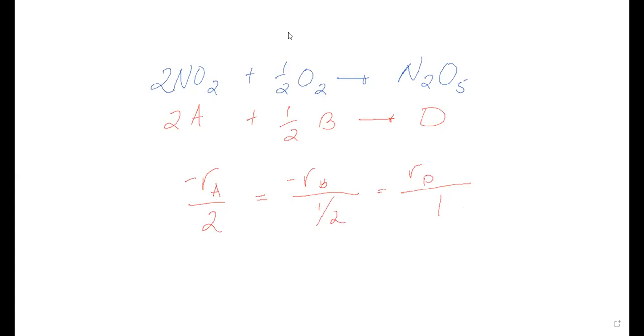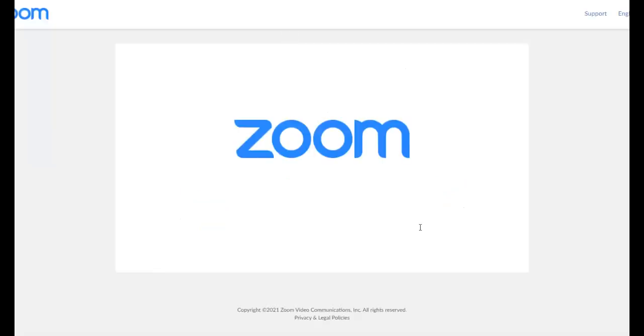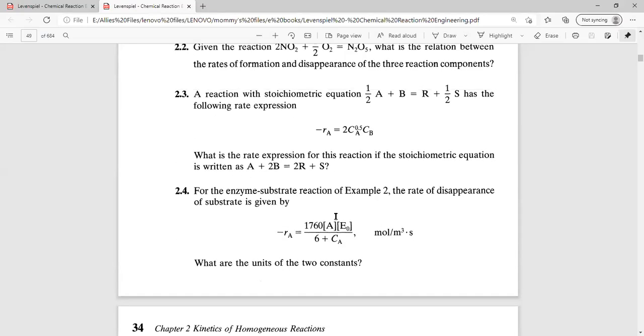So we go back to Levenspiel and check what we have there. Problem 2.3 says that a reaction with stoichiometric equation 1 half A plus B forming R plus 1 half S has this particular rate expression or rate law. The rate of disappearance of A is equal to 2 Ca raised to 0.5 Cb.